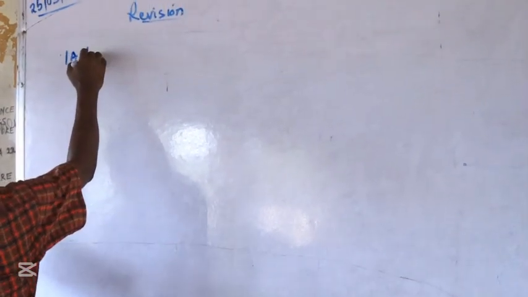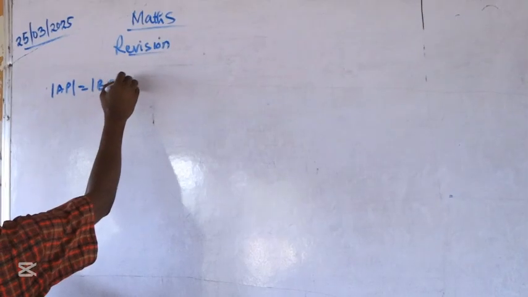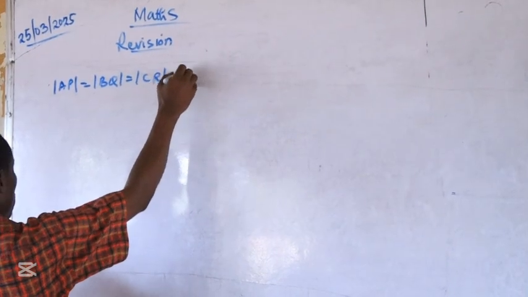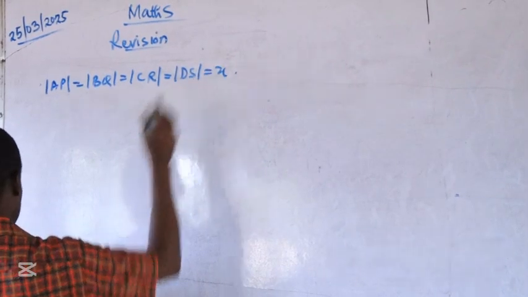Capital letters P, Q, R and S are points on the square such that AP is equal to BQ is equal to CR is equal to DS, which is equal to x.